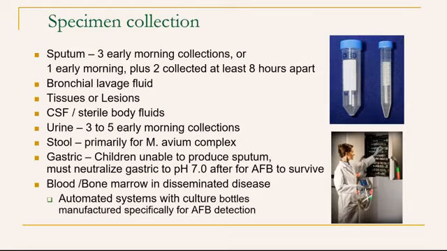You need to remember that if a gastric is sent to the laboratory, you need to neutralize the gastric to a pH of 7 for the AFB to survive. Of course, we can also do blood and bone marrow cultures if you're suspecting disseminated disease. There's automated systems and specific bottles for specimen collection to put into these automated systems for detection.